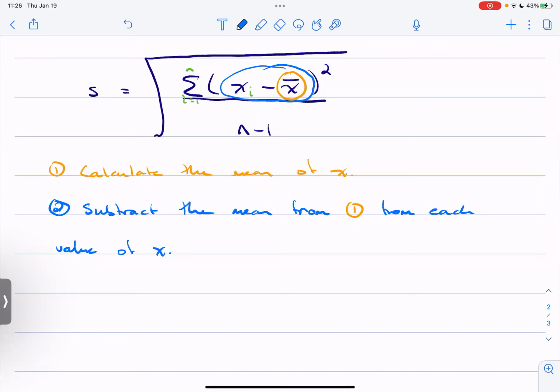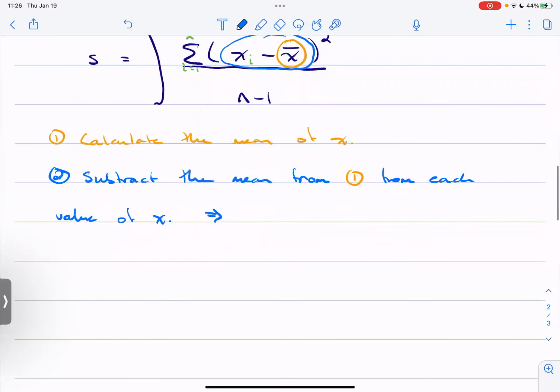What does this do? This tells you the distances, exactly. So here, this gives us the distances of each point from the mean.